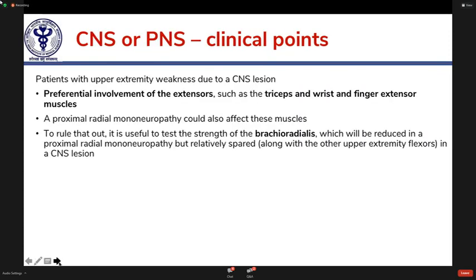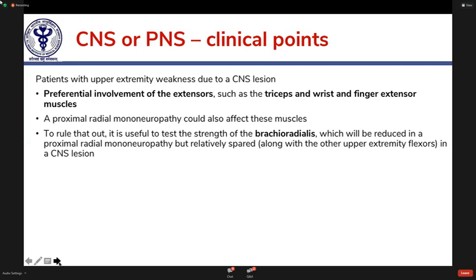Patients with upper extremity weakness due to a CNS lesion usually have involvement of the extensors, like the triceps and the wrist and finger extensors, with the typical positioning of the upper limb in a hemiplegic, as in a stroke. For a theoretical discussion, if the tone is increased, you can identify it. Other than that, a proximal radial mononeuropathy can also affect these extensor muscles.